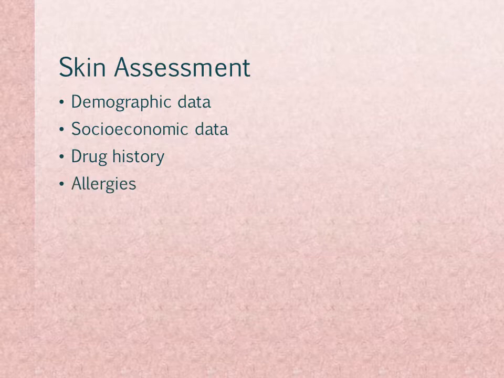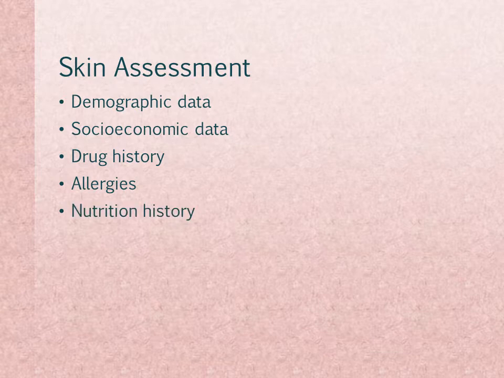Are they allergic to a lot of common environmental things, laundry soap, body wash, shaving gel, even maybe some cleaning solutions? As you assess the nutritional history, you want to look for protein deficiencies. You also want to assess if there's a possibility of a family history of psoriasis, keloids, or skin cancer.